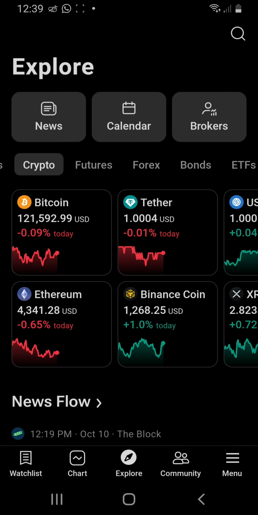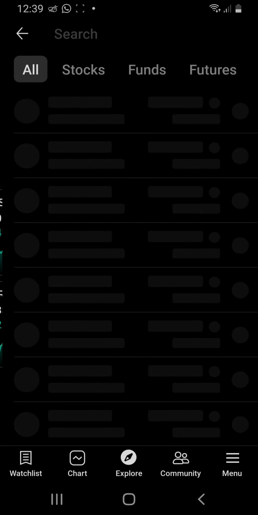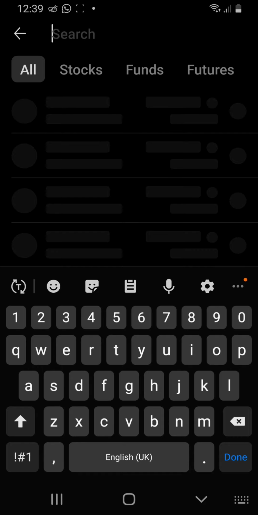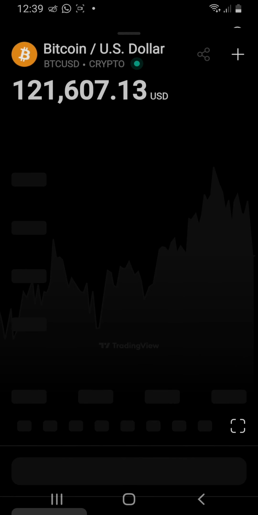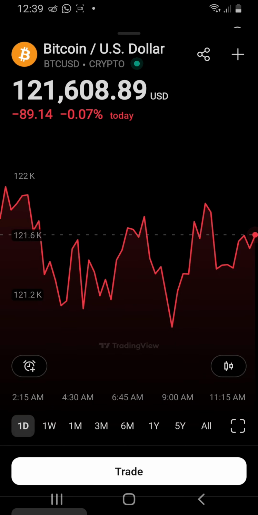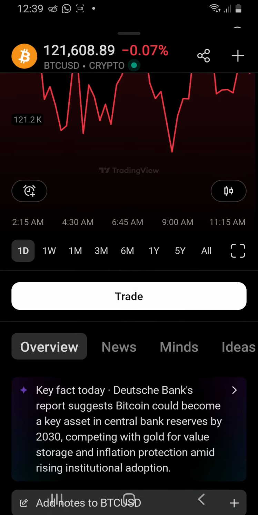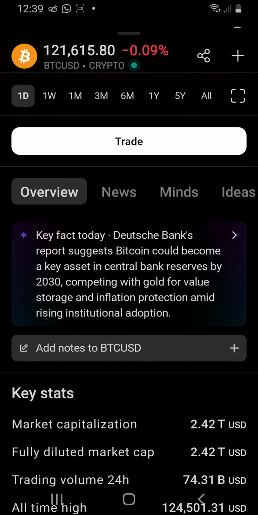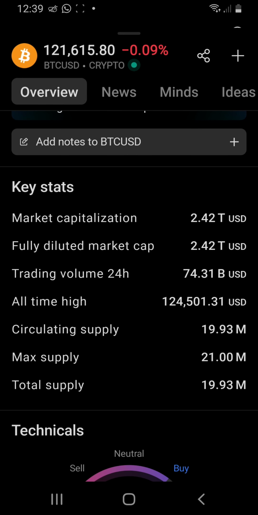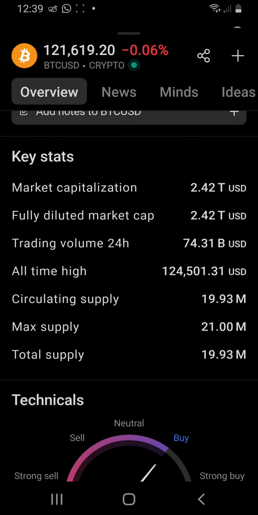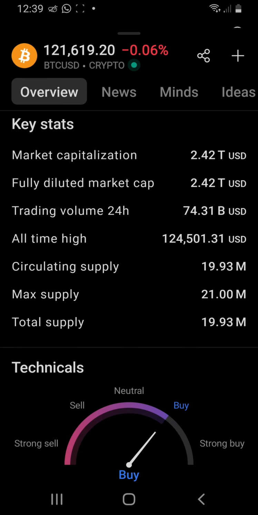And if you don't see any cryptocurrency, you can search for it here, the one you are looking for its sentiment. For example, for Bitcoin, when you tap Bitcoin, it will give you Bitcoin sentiment. You see the overview, key statistics, market capitalization, fully diluted market cap, trading volume in 24 hours, all-time high for BTC.